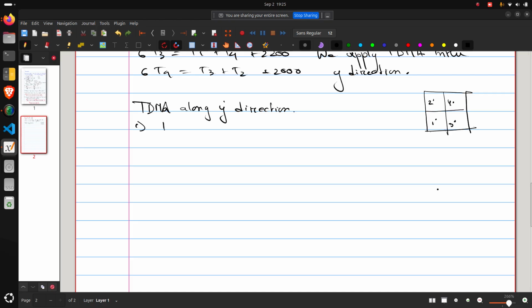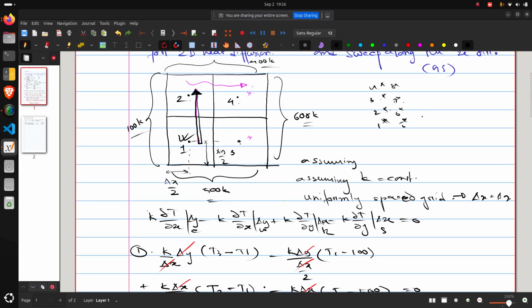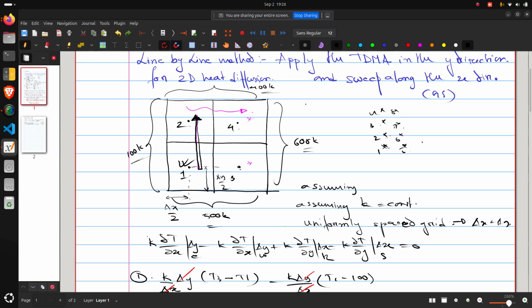So first, the guess value for T3 and T4, let's assume it to be something like 200, right? Another thing is that if you look at the problem at first glance, all temperatures are above 100 and below 600, and there is no source.